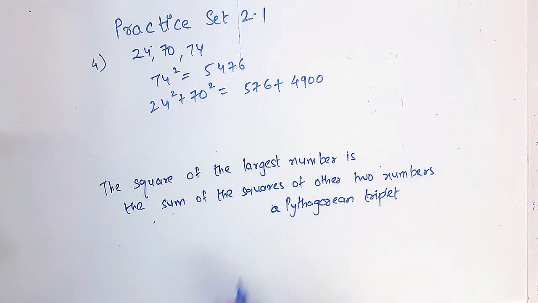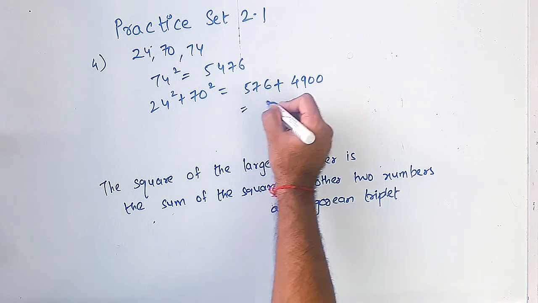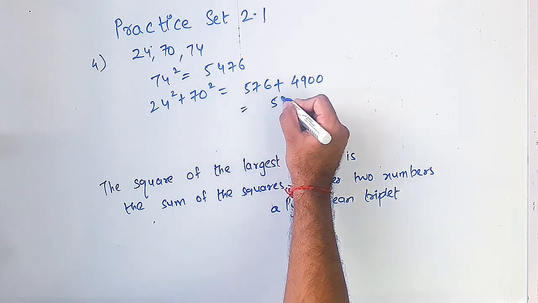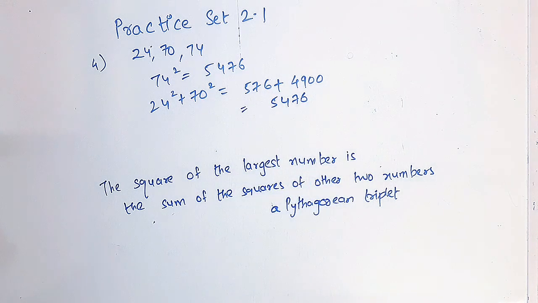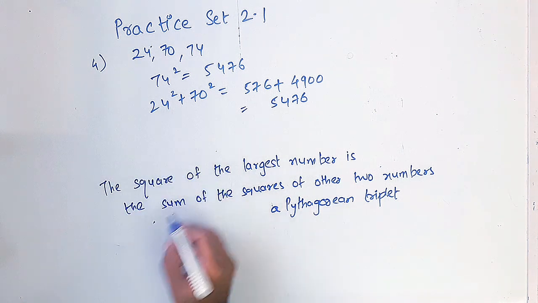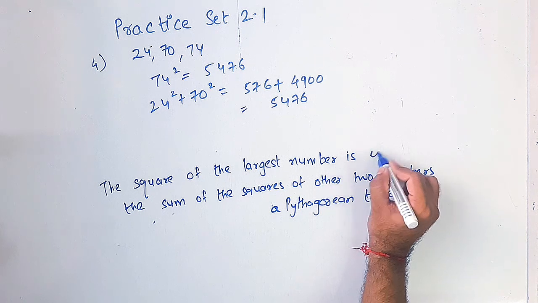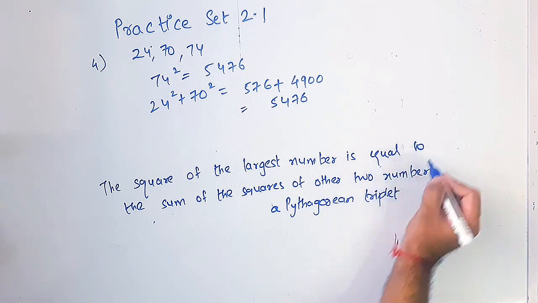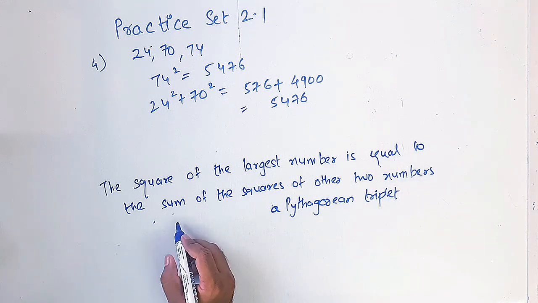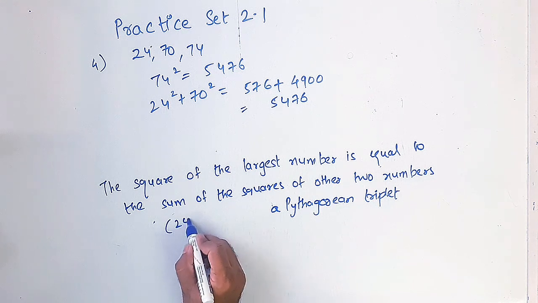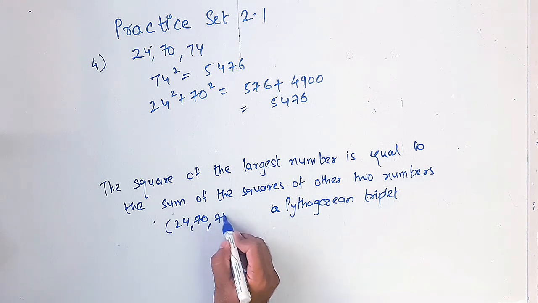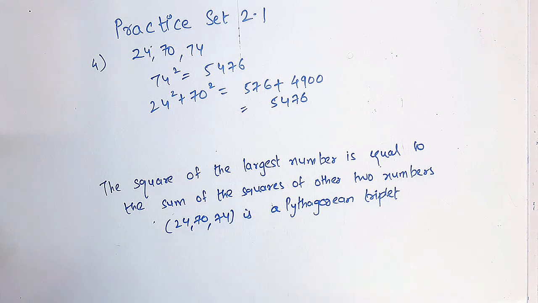If you add them, 4900 plus 576, what do you get? You will get 5476. Then the square of the largest number here is equal to the sum of the squares of the other two numbers. Therefore 24, 70, 74 is a Pythagorean triplet.